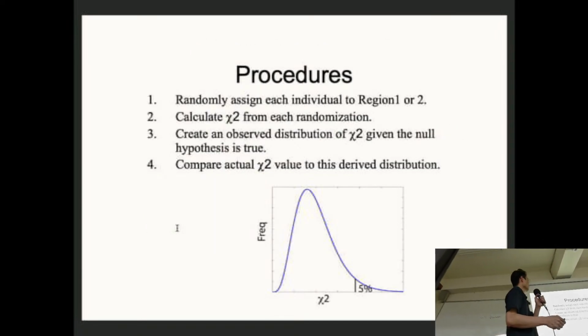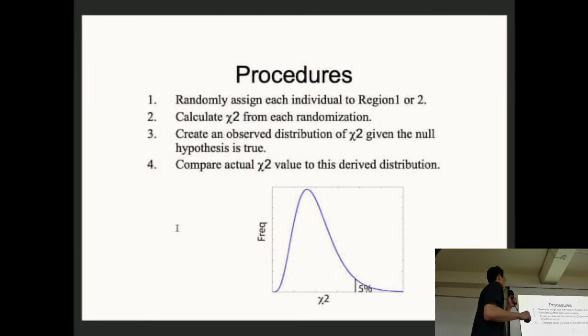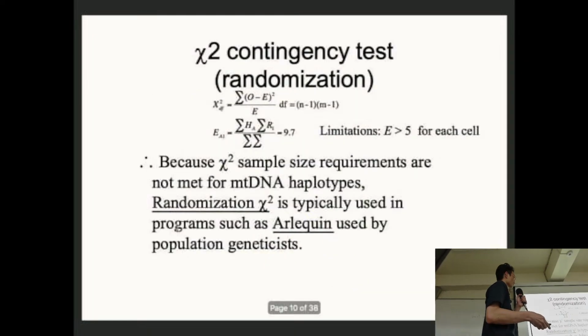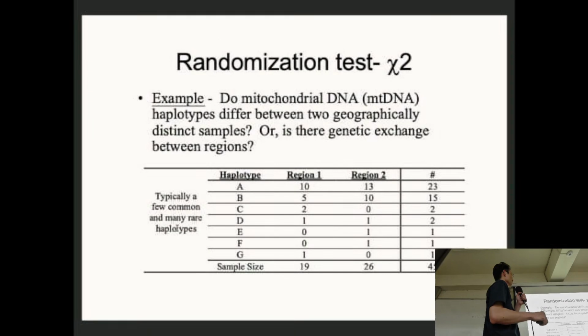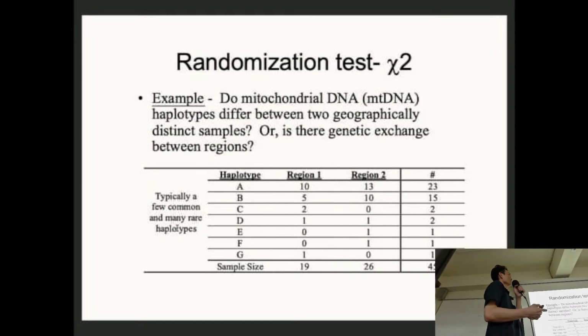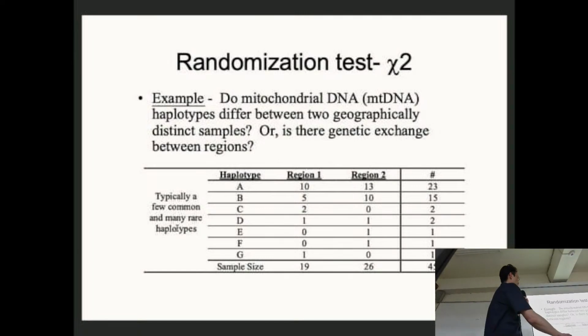So how do you do the procedure? You randomly assign each individual into region 1 or 2. That's your data, that's your sample size. When you collect samples from individuals, you can get their genetic data, their haplotype data. So what you really need to do is, now you have 45 samples in total. You mix them and divide them again into 2 groups, 19 and 26, but randomly.